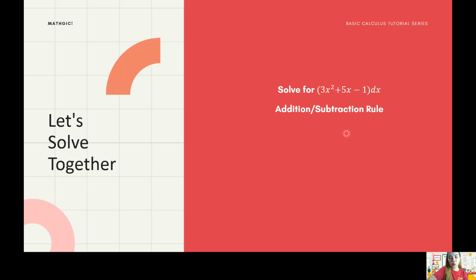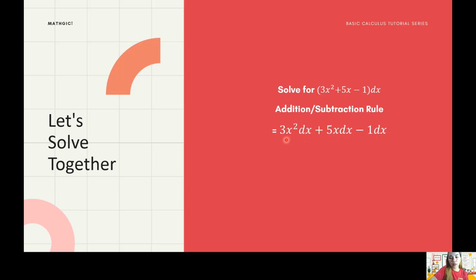Our last example is to solve for d/dx of 3x squared plus 5x minus 1. We're going to solve this using the addition or subtraction rule. Using this rule, we have to get the derivative of each term of this function. So we'll have d/dx of 3x squared plus d/dx of 5x minus d/dx of 1.